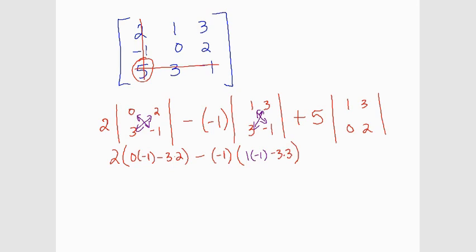And then I'll quickly change this so that it's at least consistent. Negative 1 times 1. There we go. Then plus 5, and we do our cross multiplication. That's 1 times 2 and 0 times 3. So 1 times 2 minus 0 times 3.